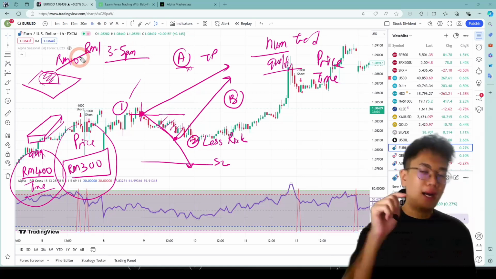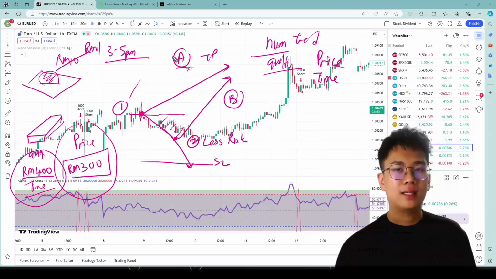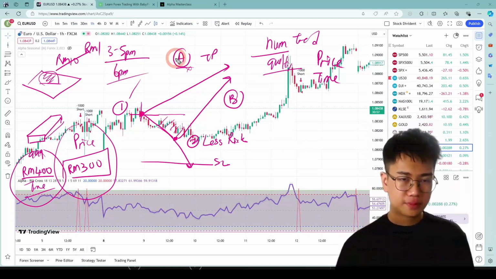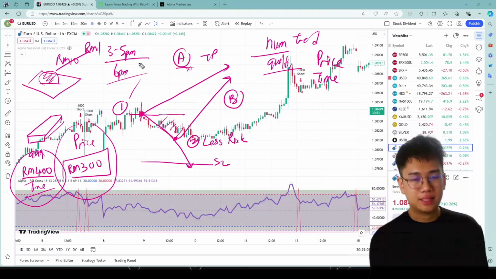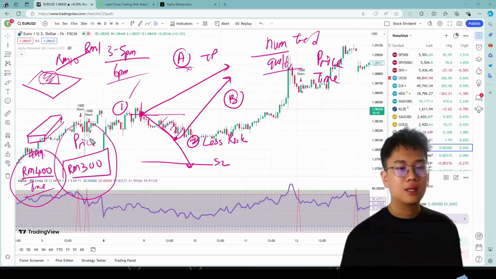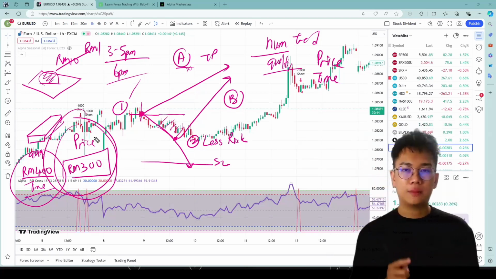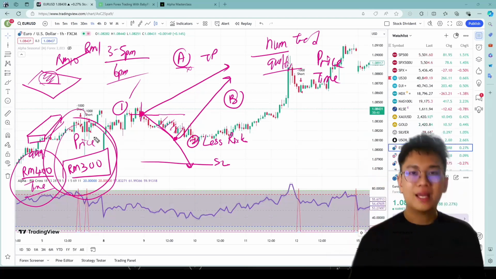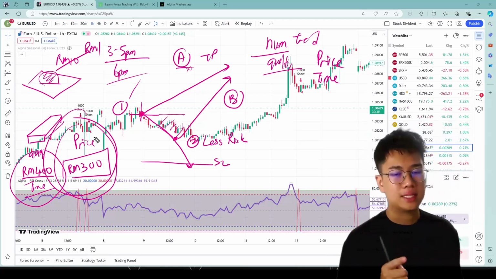Would you buy this nasi lemak, or will you wait until the right time at 6 p.m. only to have your dinner? Would you buy this nasi lemak at 1, or you will buy at the right time at 6? Of course, we choose for the price, right? We choose for the price. So that is a misconception about robot trading. Oh, I put in a robot, every day must trade. But guys, let's check about this.